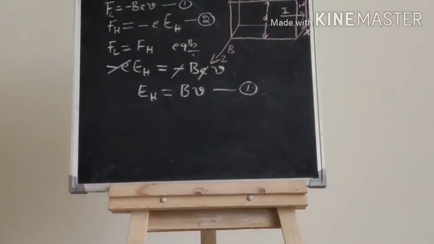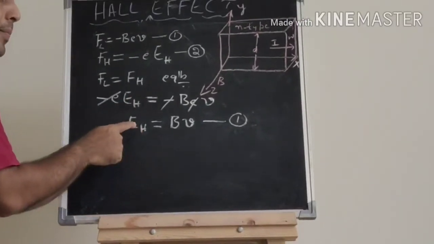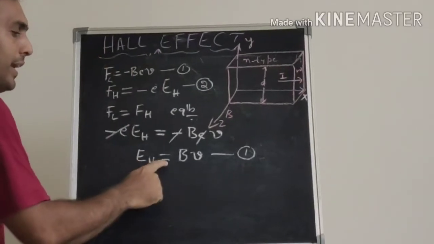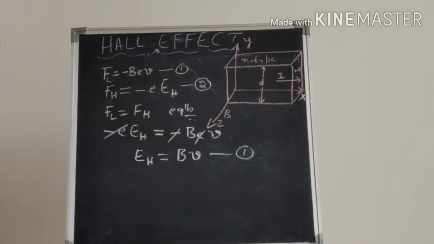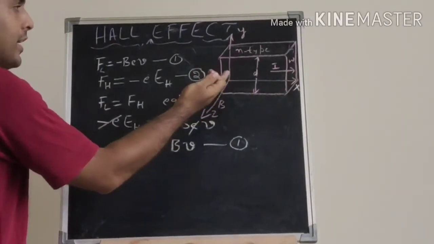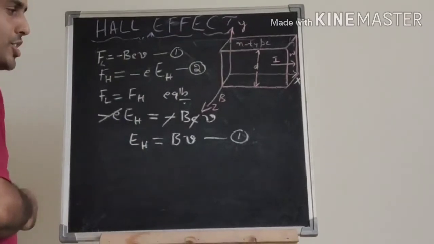Let us consider this as equation number 1. So what is EH? EH is the field called the Hall field. Hall field EH is equal to B into V. Now, our aim is to determine the expression for Hall voltage, VH.